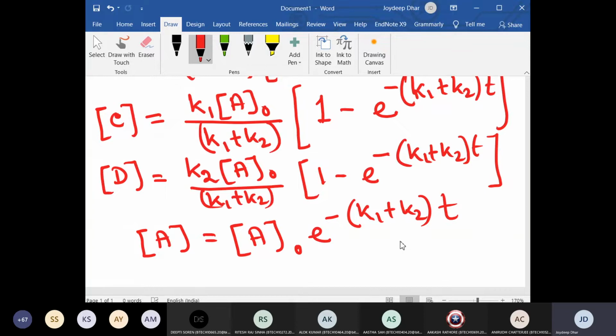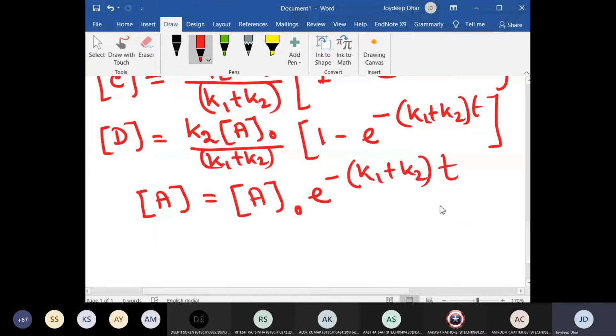Okay. So at a particular time, any time t, if I measure the concentration of C and D, the two products you have, if you take them out from the reaction mixture and make their ratio, how much C and how much D has formed, what will be their ratio?